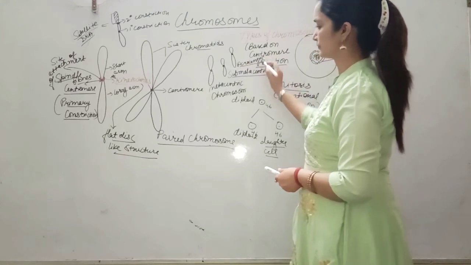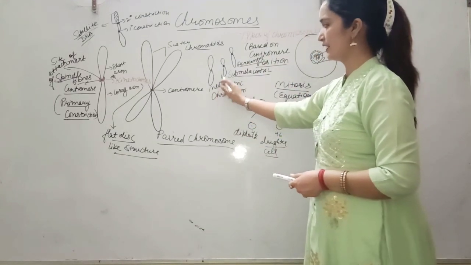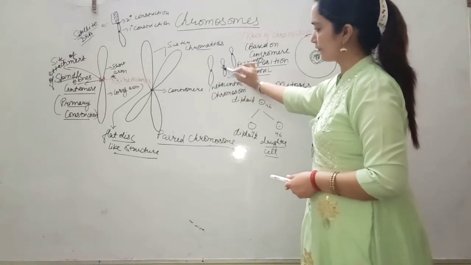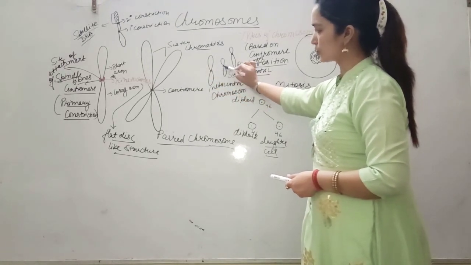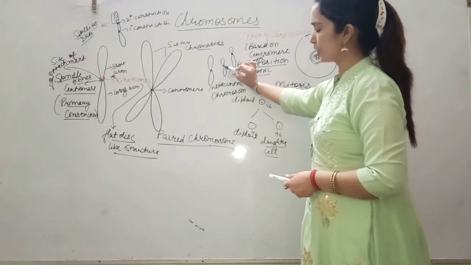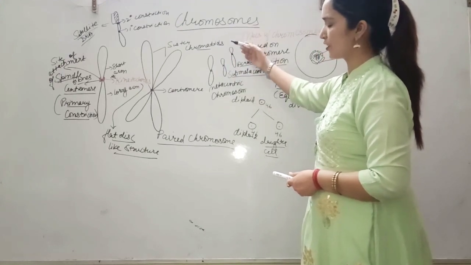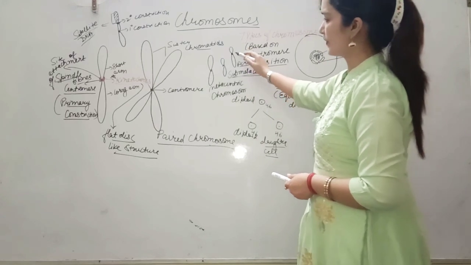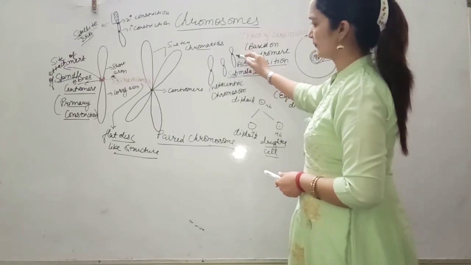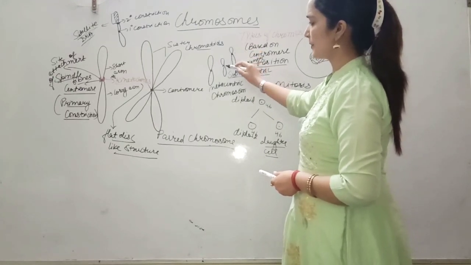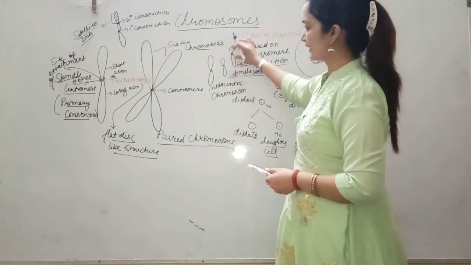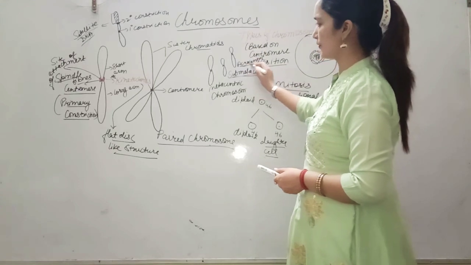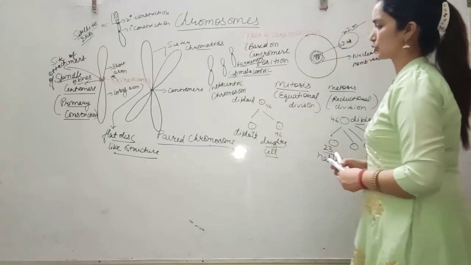This is metacentric, where centromere is present in between, and if the centromere is not present just between, it is present above the center of chromosome, that is called submetacentric. And if one arm is slightly longer and the other arm is short, means the centromere is present toward the tip of chromosome, that type is called acrocentric chromosome.